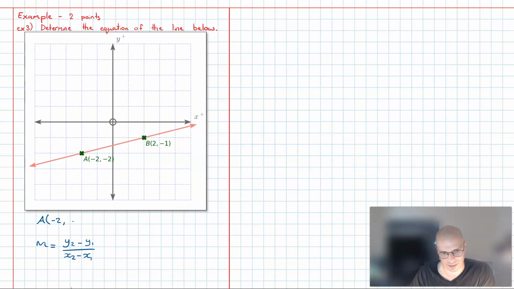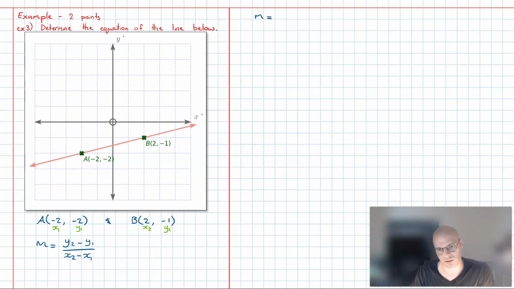So point A is -2, -2, and point B is 2 and -1. I'm then going to label this as x1, y1, x2, y2. And what this will do is make me, I guess you could describe it as, less prone to making errors.